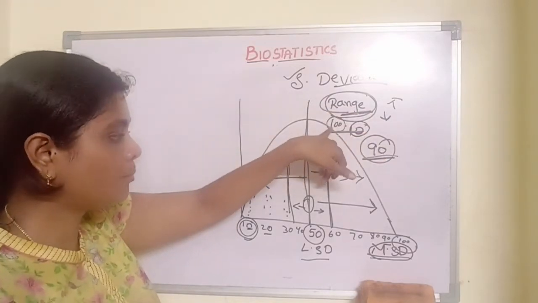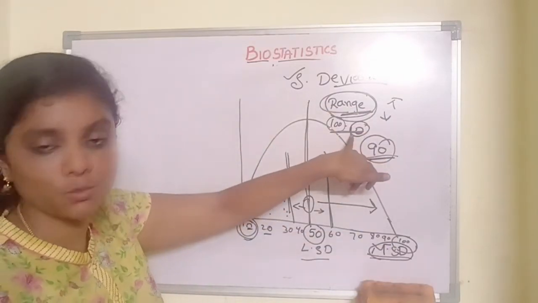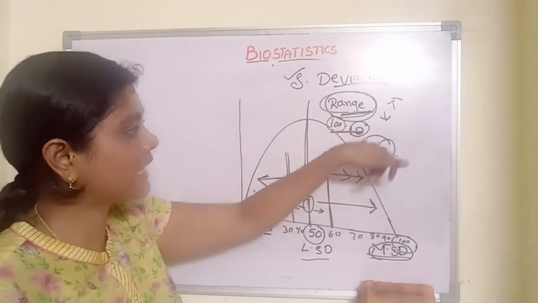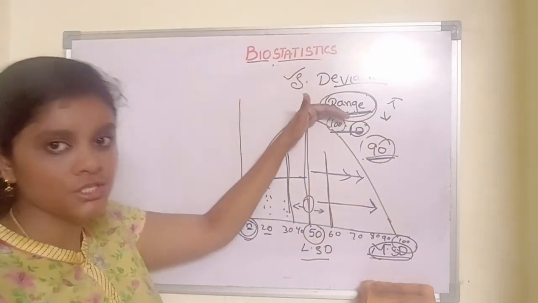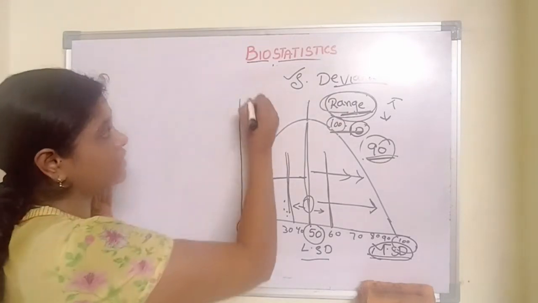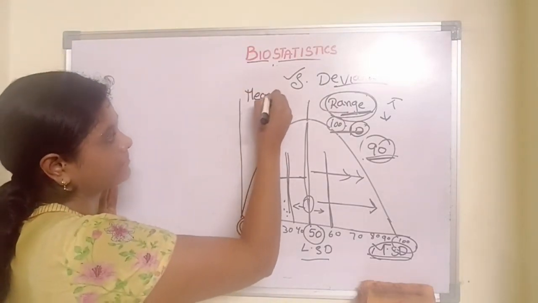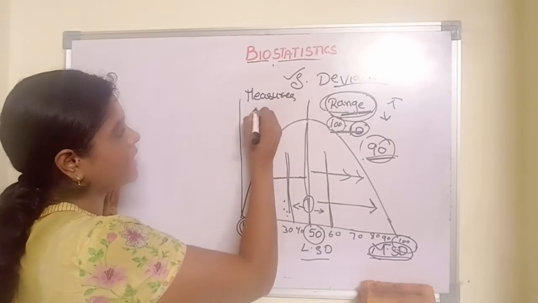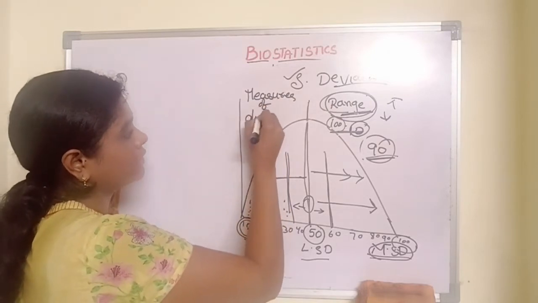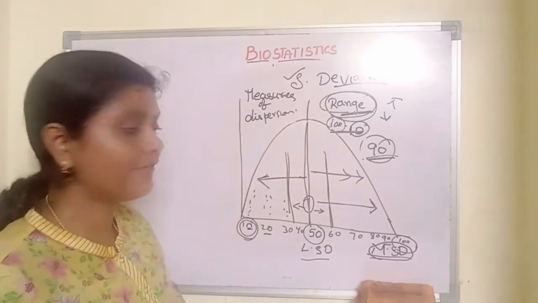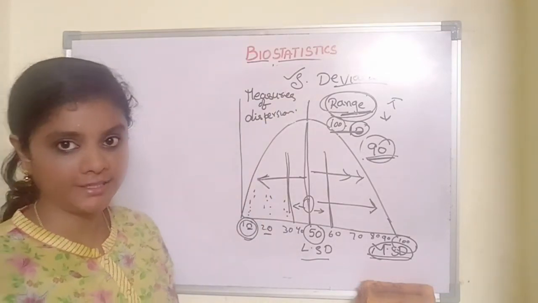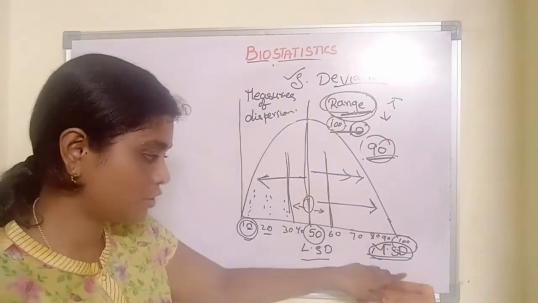So the topmost value minus the smallest value will give you the range of that deviation. So standard deviation and range are the measures of dispersion. Okay. So we have understood the measures of central tendency and measures of dispersion.